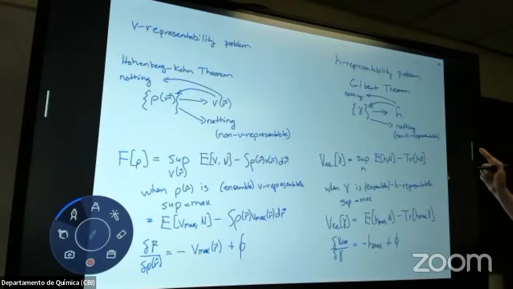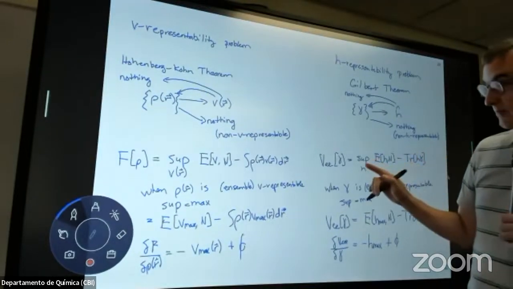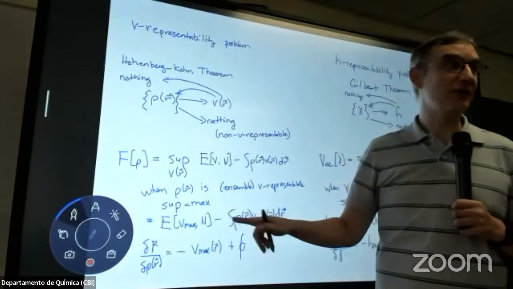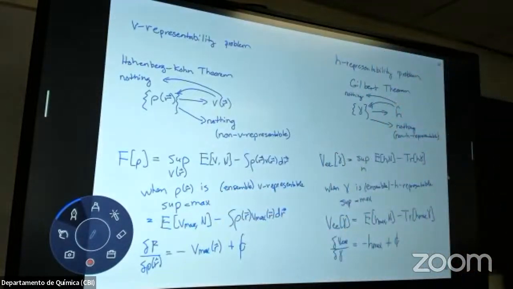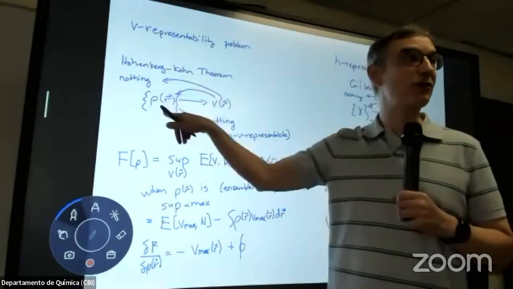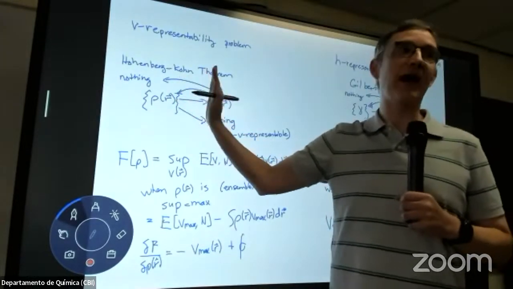Now we have to think some about this. How often is the sup equal to a max, for example? That's one of the main questions. The other main question is, I wrote ensemble. Ensemble means I could take some linear combination of these degenerate densities, and I consider that to be legit.